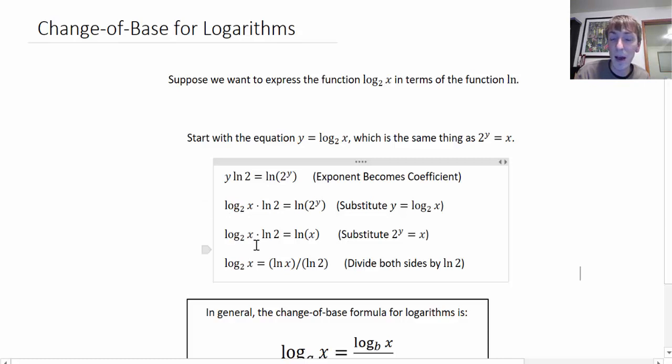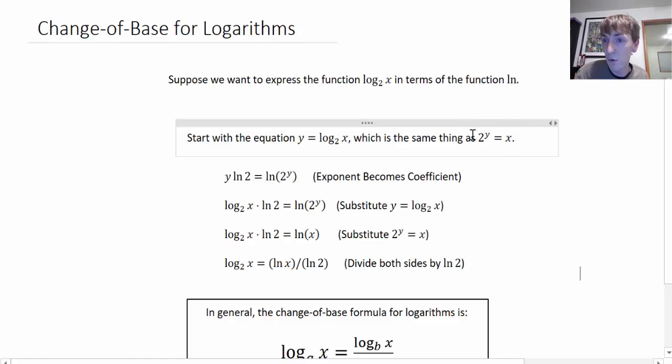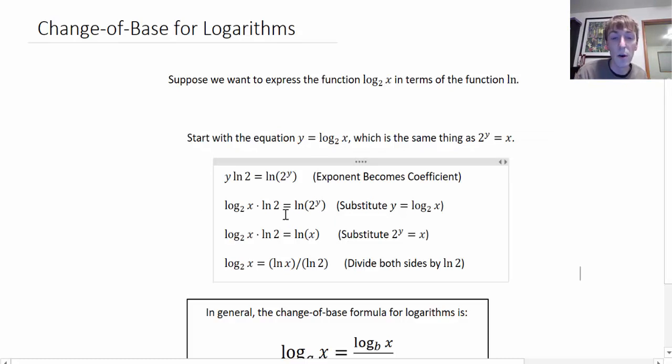In the next step, I'm making another substitution. I'm substituting 2 to the y equals x. That's coming from this second equation up here, which is saying the same thing as the first one, right? So again, no problem, just a substitution. So in this process, I've turned this equation from something with just y's in it to something with just x's.